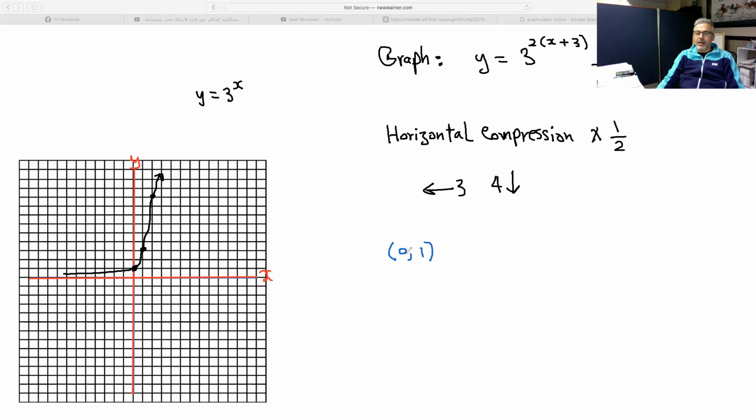So 0 times 1/2 is just going to stay 0. Of course, it doesn't affect the y value. But then you're moving 3 left, so you minus 3 from the 0, you get -3. And 4 down, so you're minusing 4 from the 1, so that becomes -3 and -3. So the point 0, 1 is going to become -3 and -3, which is right there.